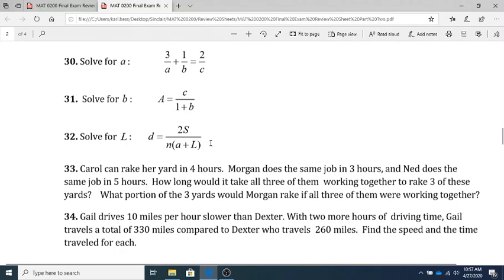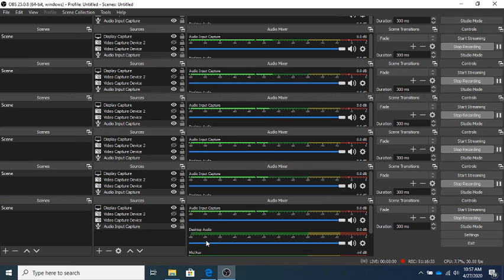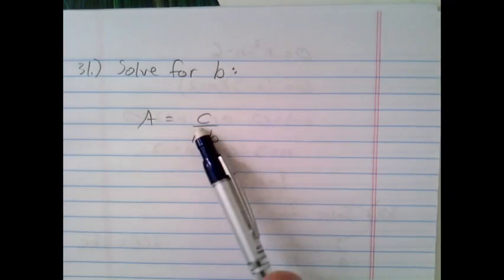Okay, it says solve for B. So let me jot this down. Solve for B. And we're given A equals C over 1 plus B. Alright, same idea as the last problem. There are multiple letters floating around in this equation.